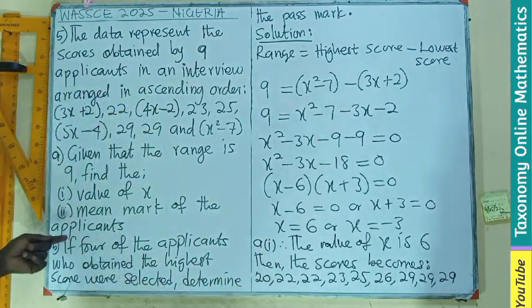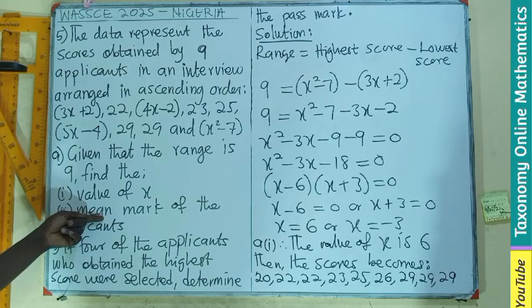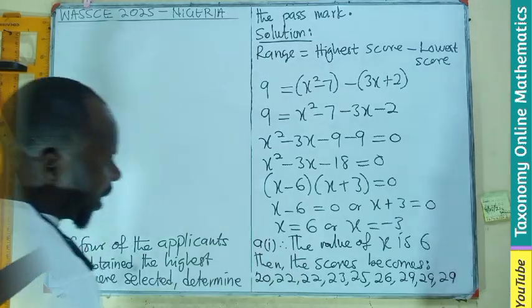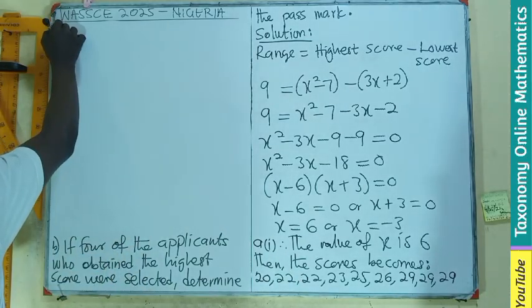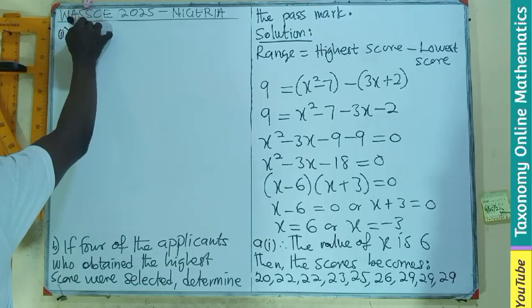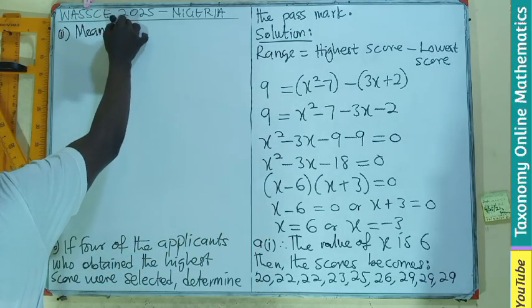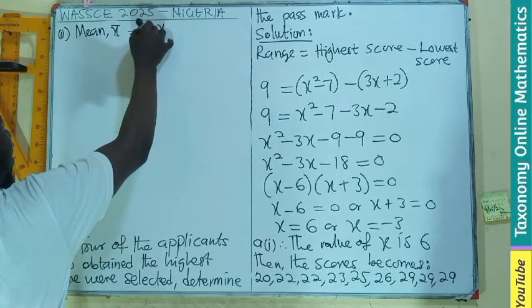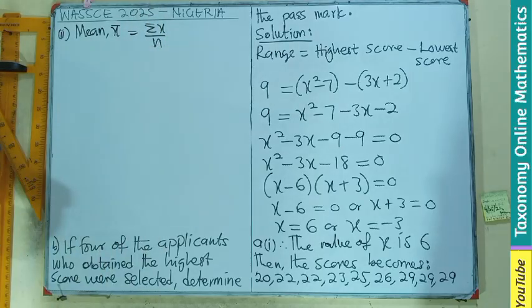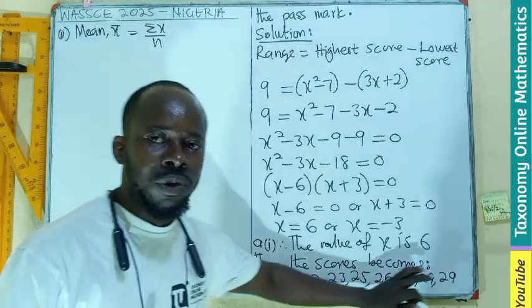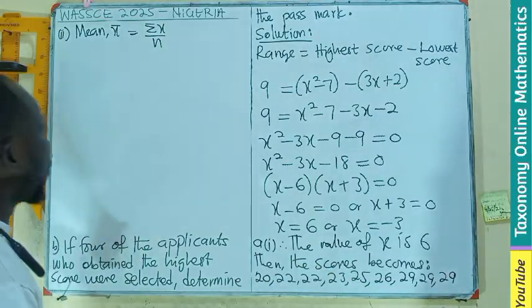So now let's look at the second part, which is asking for the mean mark. So from here, how do we find the mean? Remember, if we are asked to find the mean of any data in this small form, it is sigma x divided by n, where x stands for the values we have. Sigma means addition of all of them.